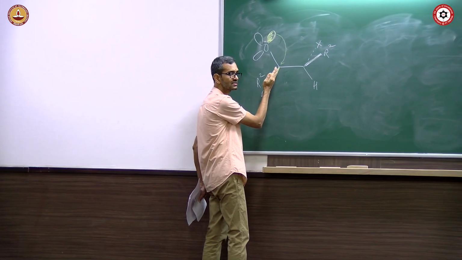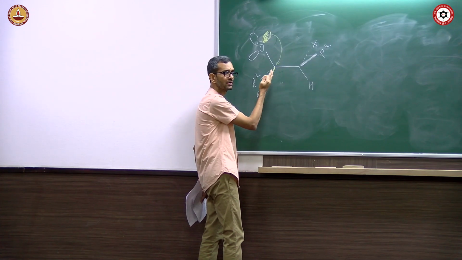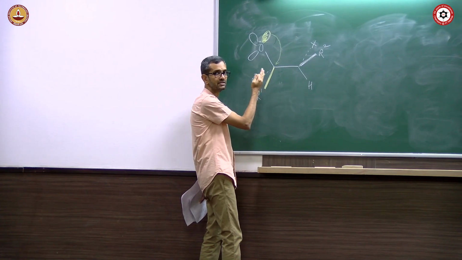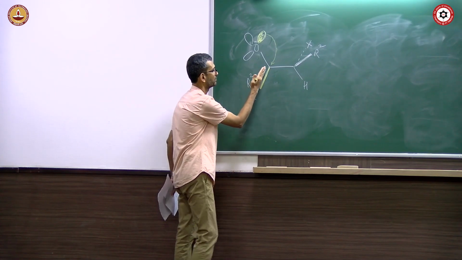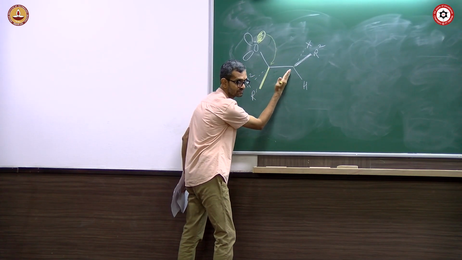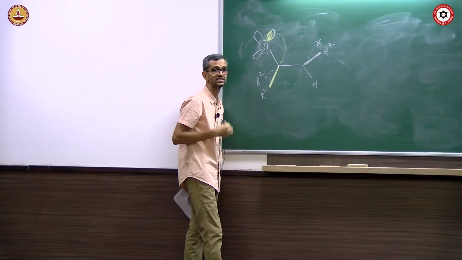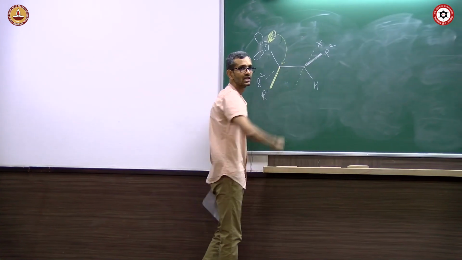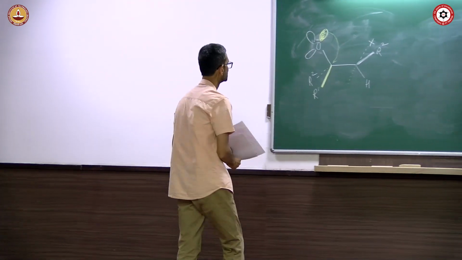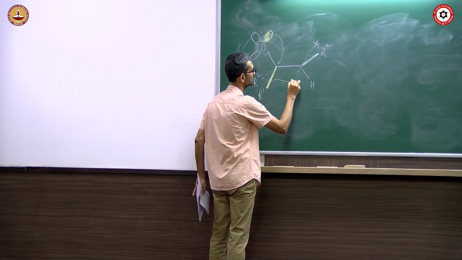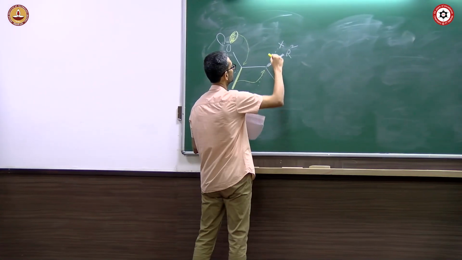When it migrates to the adjacent carbon carrying the leaving group, the orientation should be such that it makes a collinearity with the leaving group. So when it migrates like this, there is a collinearity achieved, and hence the leaving group can depart. So this is the group that is now migrating to this carbon, and then you see that this X is lost.